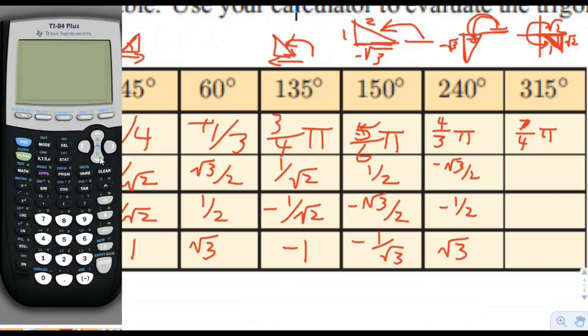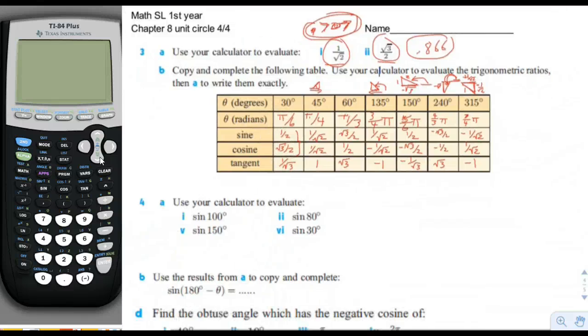Actually, I did that a little bit funny. Let me draw it a little bit bigger. Okay, so this is 1. This is 1 over square root of 2, and this is 1 over square root of 2. This is positive 1 over square root of 2. This would be negative 1 over square root of 2 because it goes down, right? Okay, so the sine would be -1 over square root of 2. The cosine would be 1 over square root of 2. And the tangent would be opposite over adjacent, would be -1. Okay? All right, we finished that.